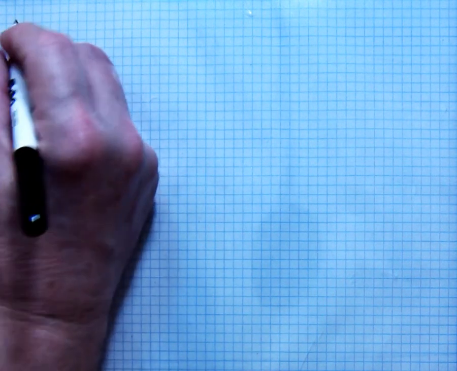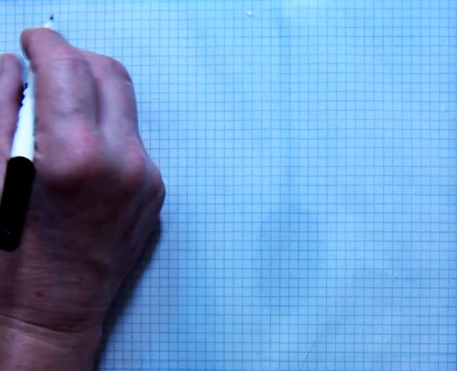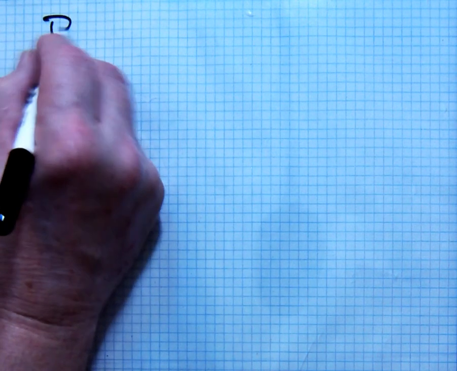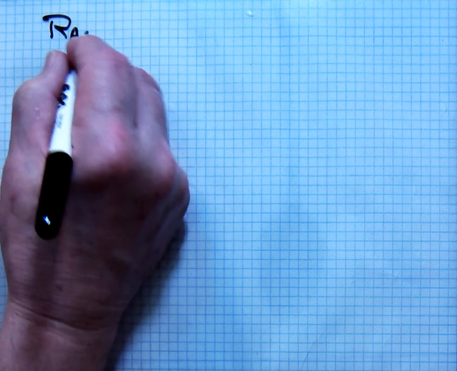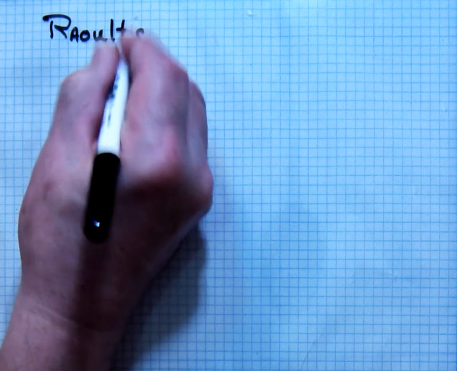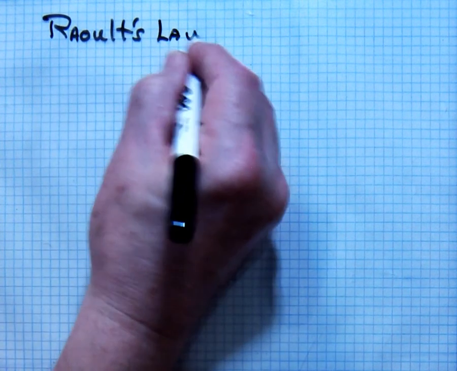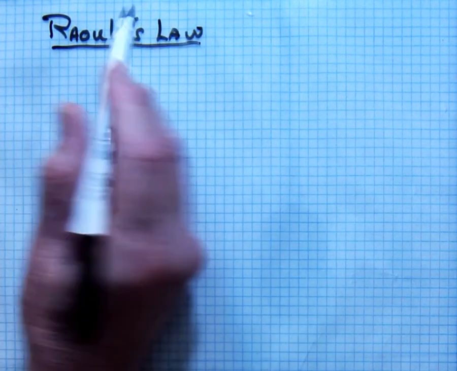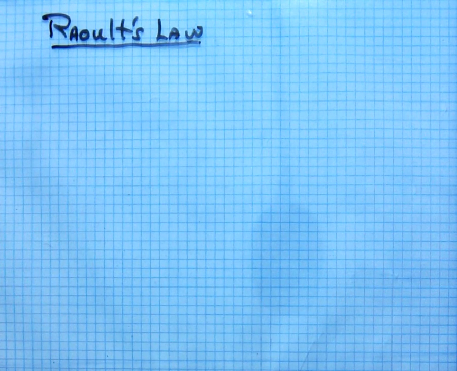Vapor pressure concepts of solutions are governed or described by what is called Raoult's law. And keeping it as simple as I can, Raoult's law says that the vapor pressure of the solvent above the solution, and I'm just going to call that vapor pressure of solution.